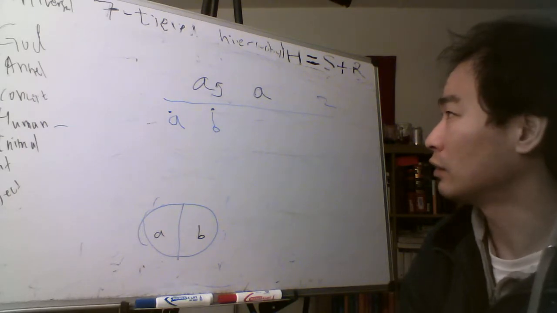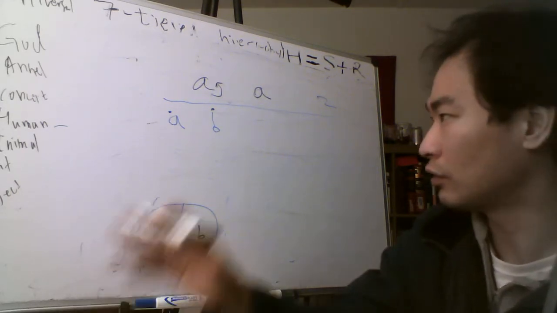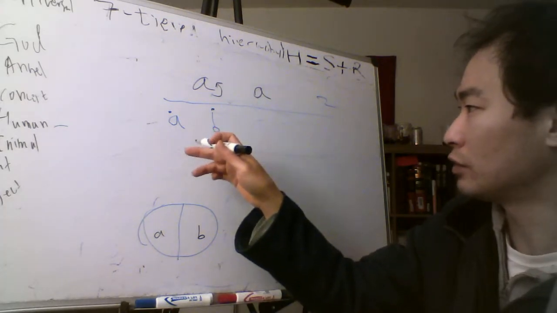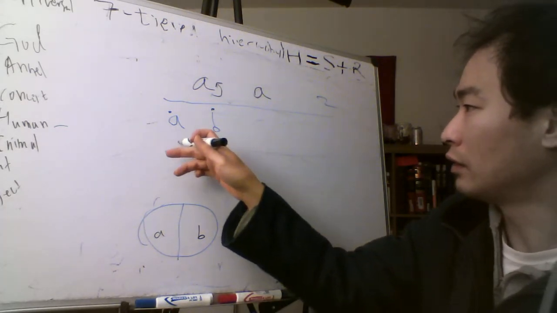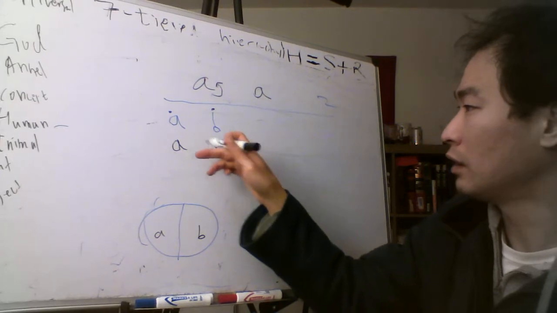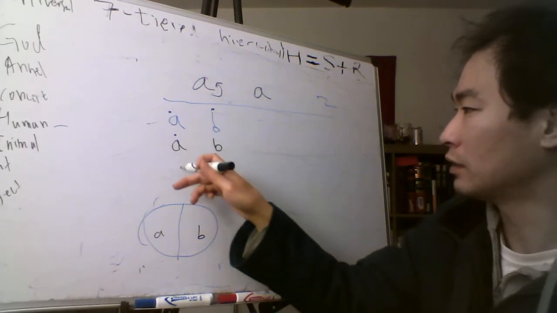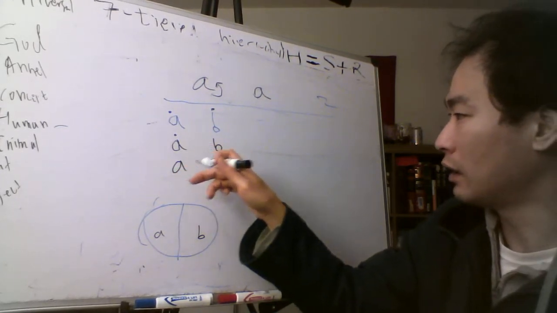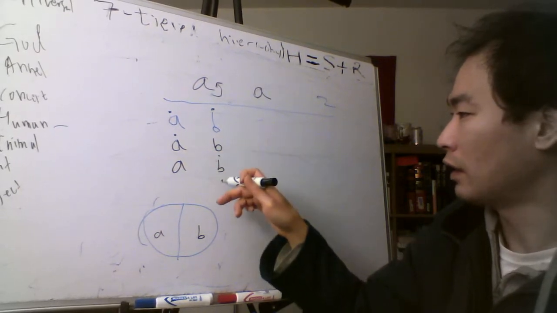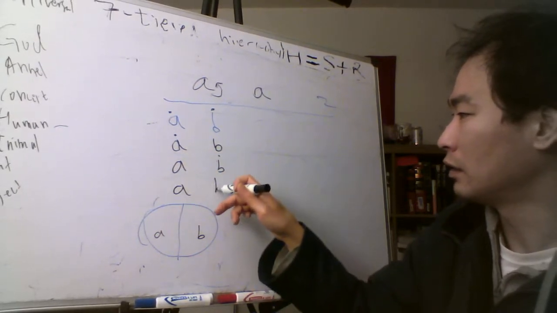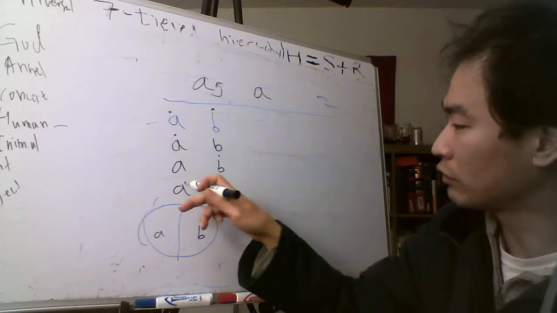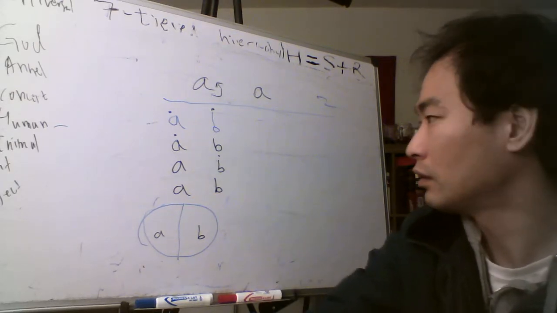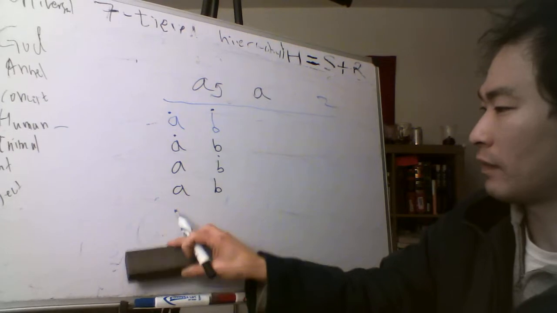So we continue with the computer enumeration: A dot, B dot; A dot, B without dot; A without dot, B dot; and A without dot, B without dot. So, 4 cases, right?